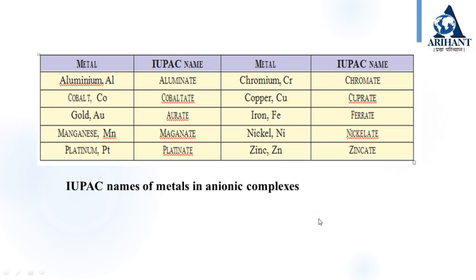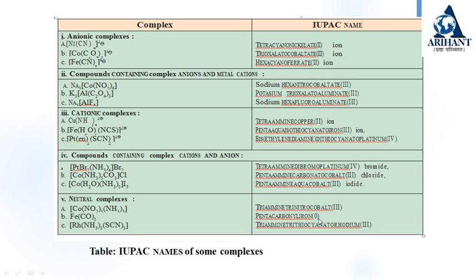Next is IUPAC names of metals in anionic complexes. So if it is aluminium metal, in IUPAC we will write aluminate, cobalt, cobaltate, gold, aurate, manganese, manganate, platinum, platinate, and so on. So see this complex. First is anionic complex. It is [Ni(CN)4]2-.